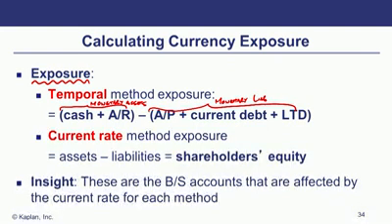Whereas when we look at the liabilities, the vast majority of our liabilities are essentially monetary. So what we often find under the temporal method is we have essentially a monetary liability overall.